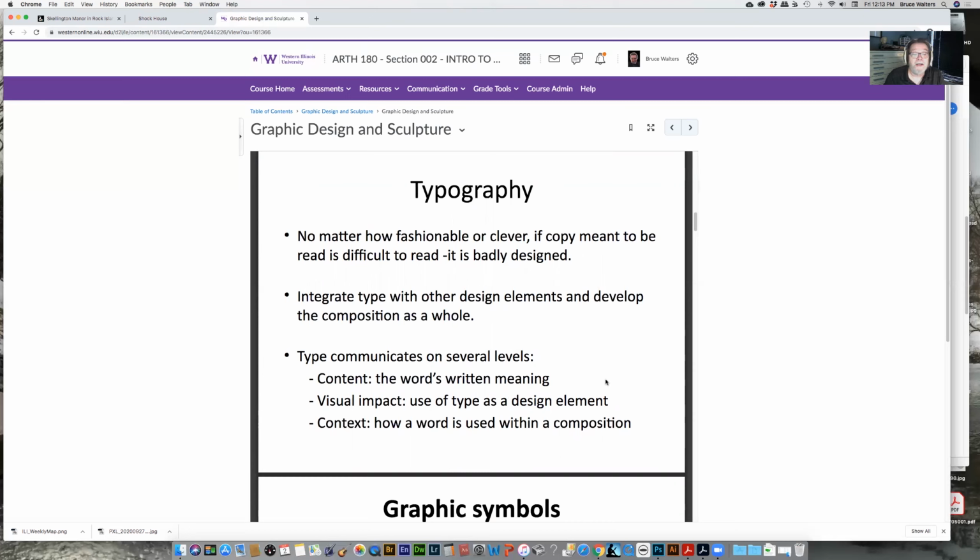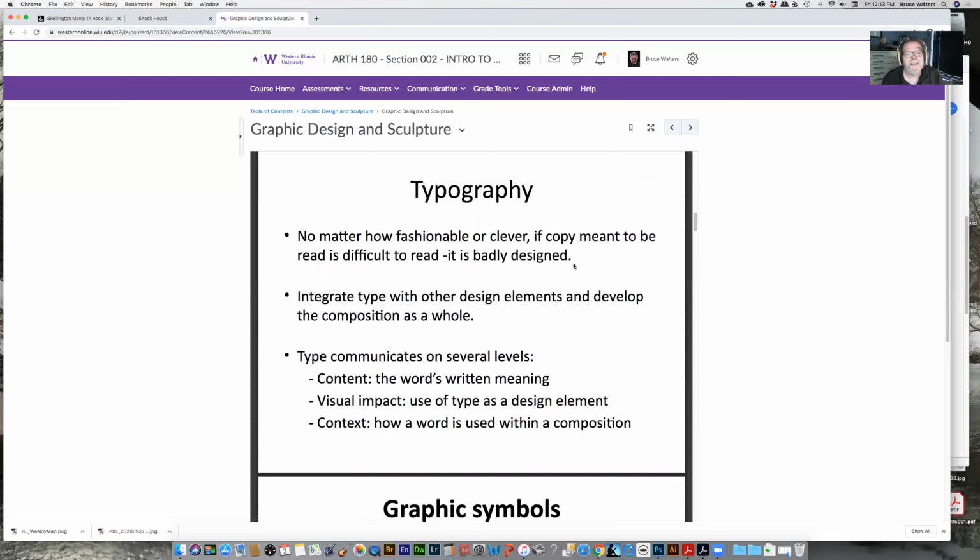And the words communicate to us within a design on really three levels. First, the meaning of the word itself, the visual impact within the design, and then the context, how the word is used in combination with an image, or its relative size or placement, etc. And as we come back to this sort of admonishment, if copy or words are meant to be read and they're hard to read, that is a badly designed composition.